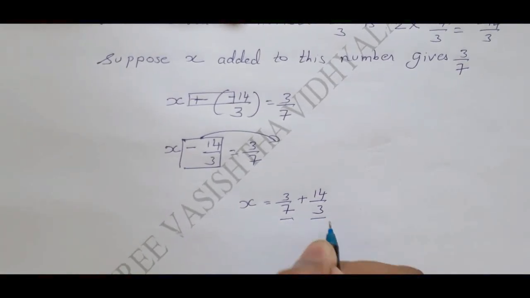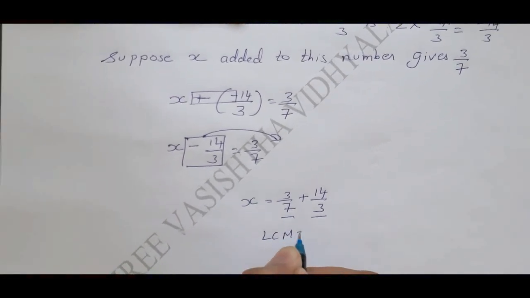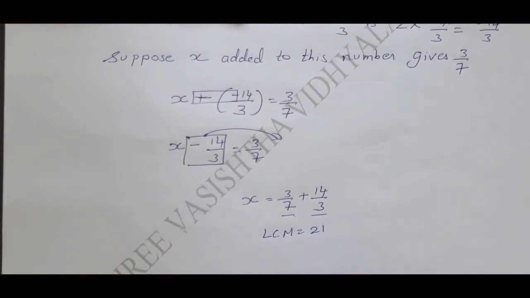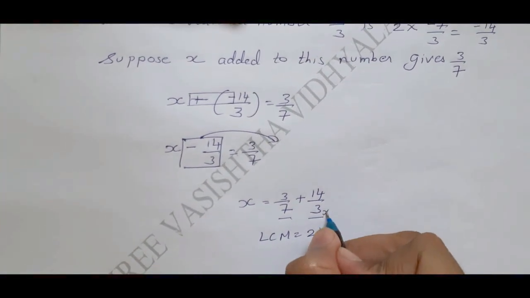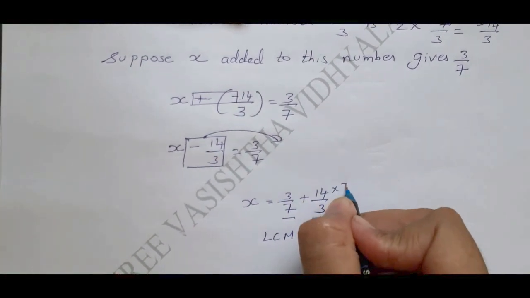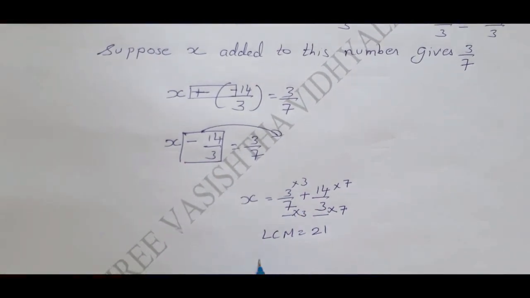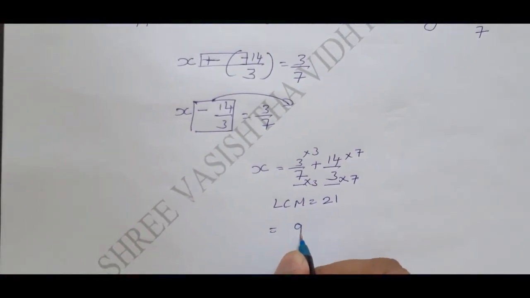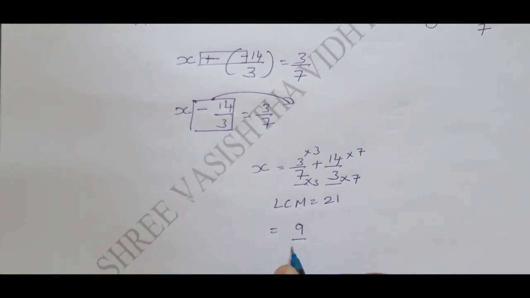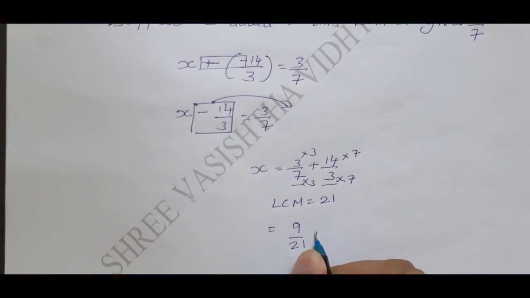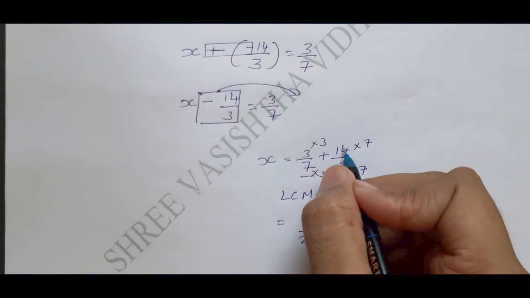Now here 7 and 3, the LCM for these two numbers will be 21. So we'll multiply this 3 by 7 and this 7 by 3. So 3 3s are 9 upon 21 plus 14 sevens.